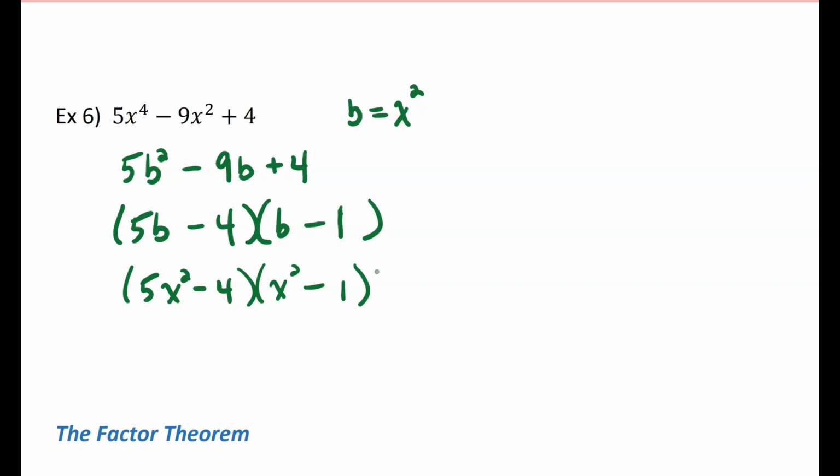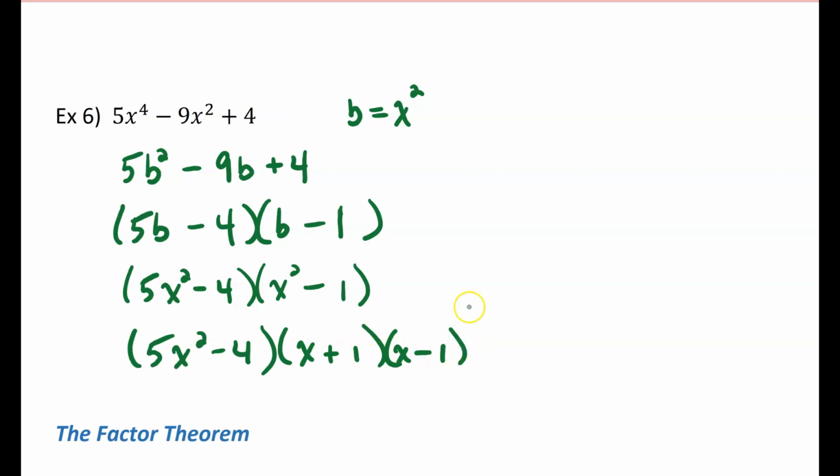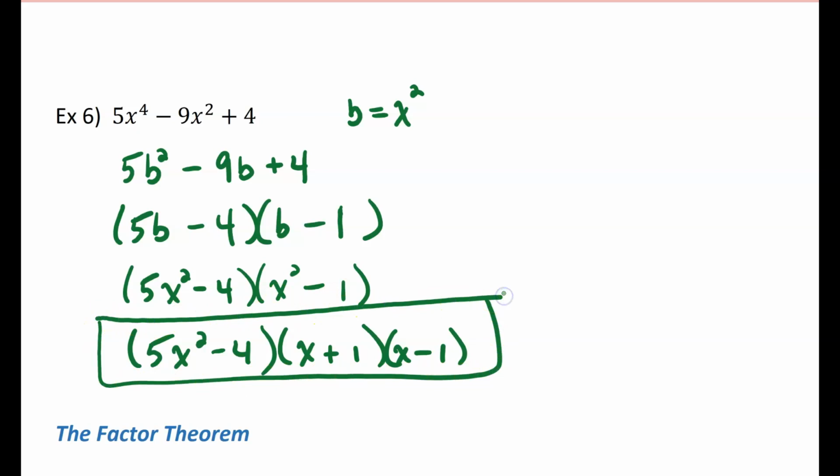No, the second one. What is that second one? The difference of 2 squares. So what does it factor into? x minus 1 and x plus 1. Okay. So the first term we're just going to carry down, but we notice the difference of 2 squares, so we factor that one out further. And now it is fully factored.